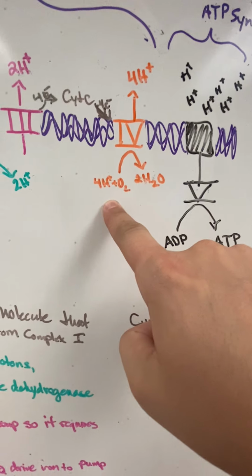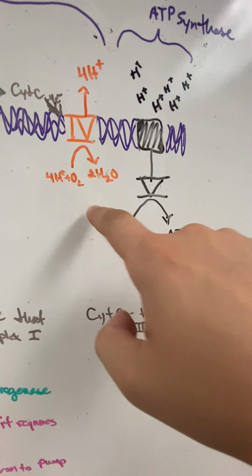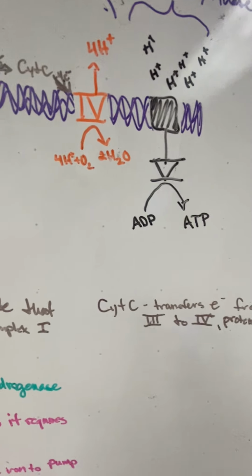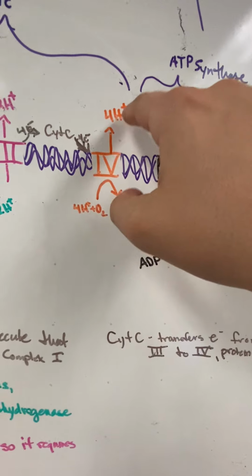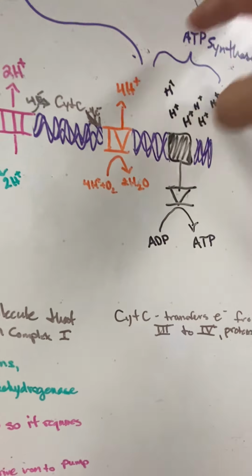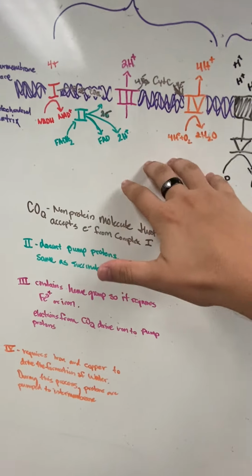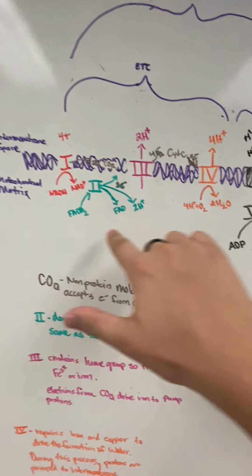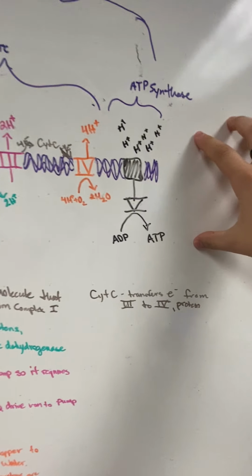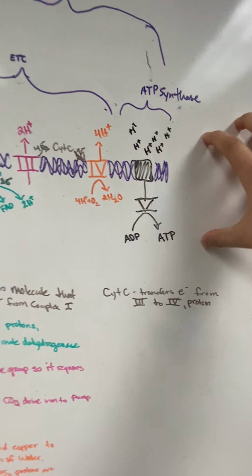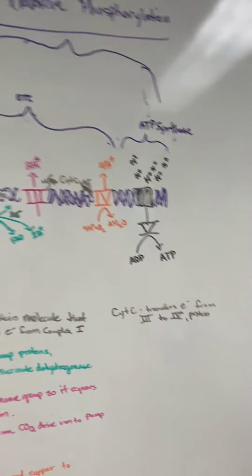So we have iron and copper here, and it causes the hydrogens and oxygens to combine so that we're left over with water, and we have lots of hydrogen on this side now, on the intermembrane side. So we've gone through 1 through 4. An important note is 1 through 4 is the electron transport chain. Number 5 is ATP synthase, and the entire thing, 1 through 5, is oxidative phosphorylation.